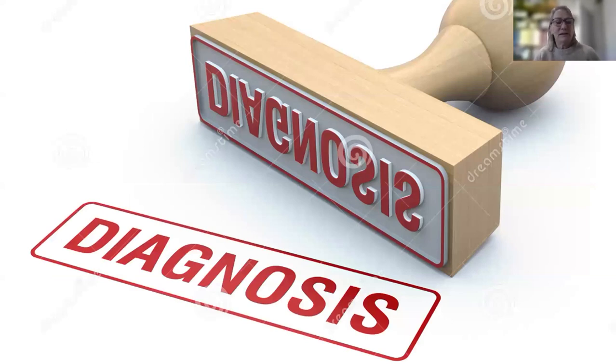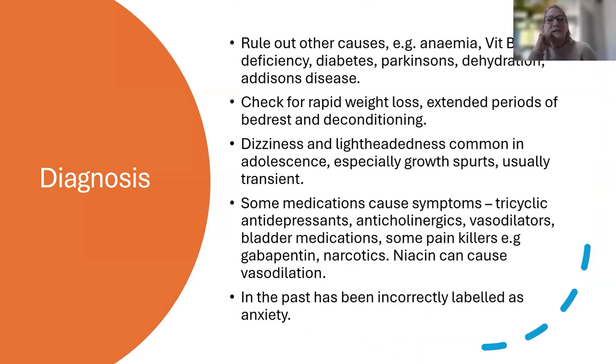So how do we diagnose orthostatic intolerance, and how do you know if you have POTS or if you have neurally mediated hypertension or what? Well, the first thing to do is to have a really good assessment and rule out other causes of things that might be contributing to feelings of dizziness and being unwell when standing.